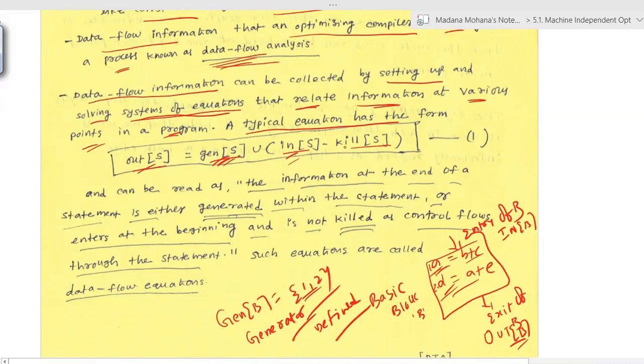Similarly, what are the kill values? Kill values are whatever definitions defined in that block, where the same variable may be defined in other blocks with other definitions. For example, here A equal to B plus C is statement 1. Now in another block, A equal to B plus F, let us assume this is statement 3.